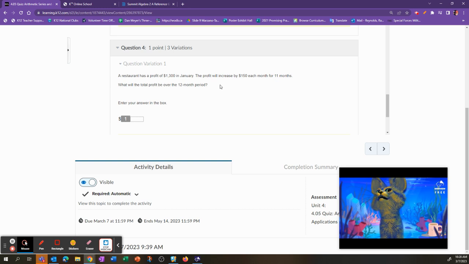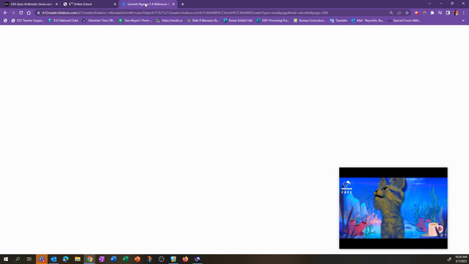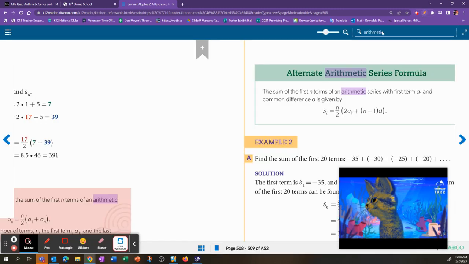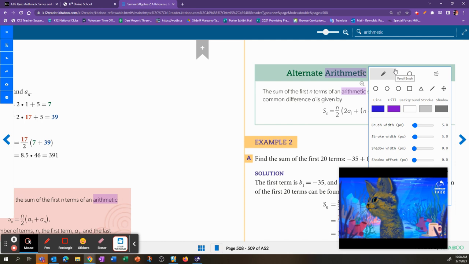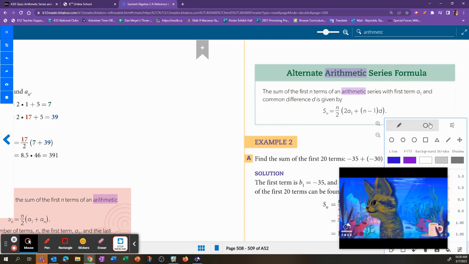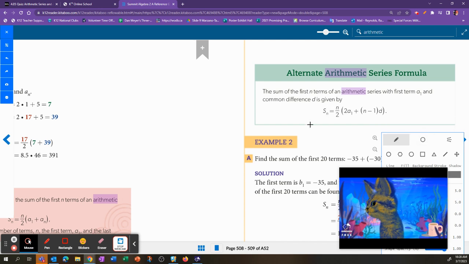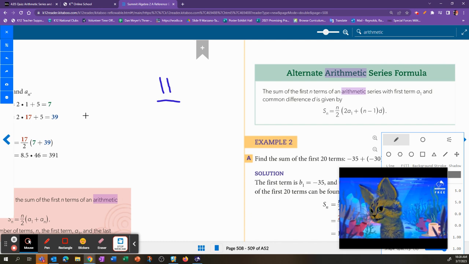What did I do wrong? So let's see. We know we have 11 months, after the end of the 11th month, so from the first month up to the 11th month.